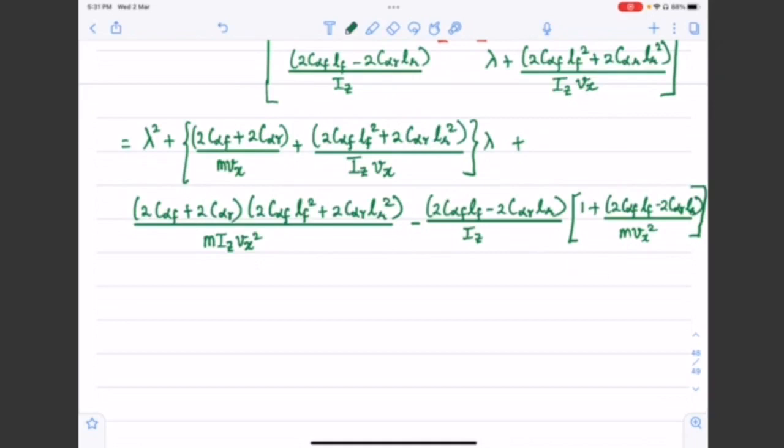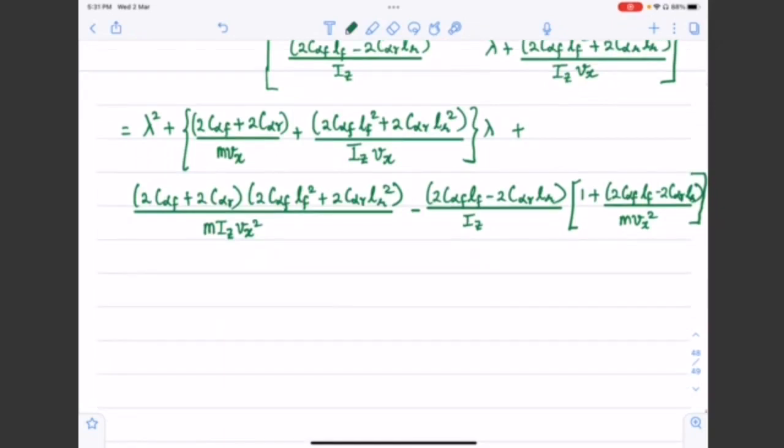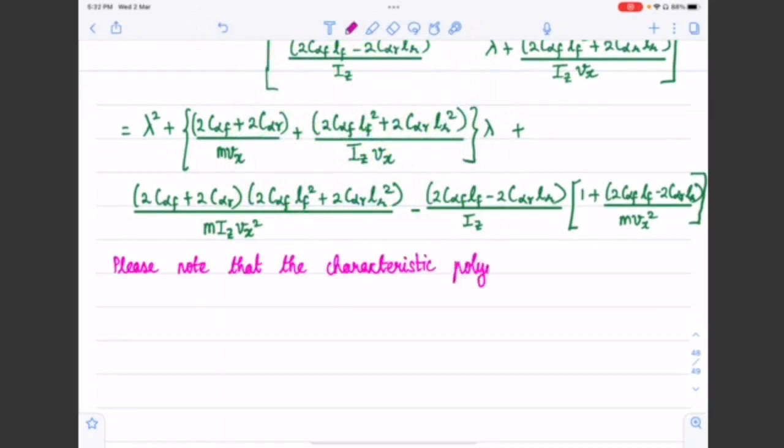Okay, so this is what we have. This is the characteristic polynomial of the system. Please note that the characteristic polynomial is of the form, it's a quadratic polynomial, right?